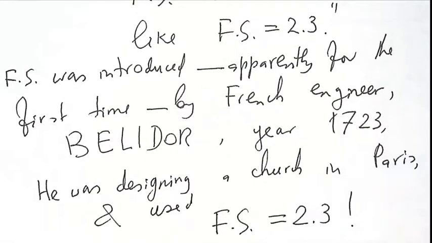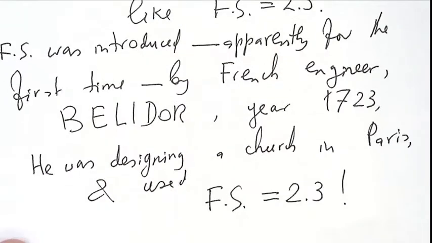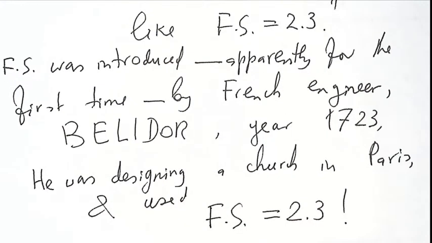So exactly the same, one of the numbers that Professor in FAU used. So first time Belidor in 1723 said, let us use factor of safety. And he said it equals 2.3.